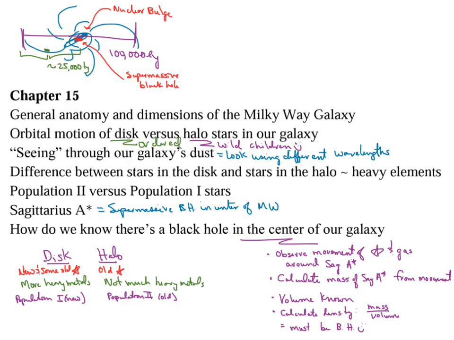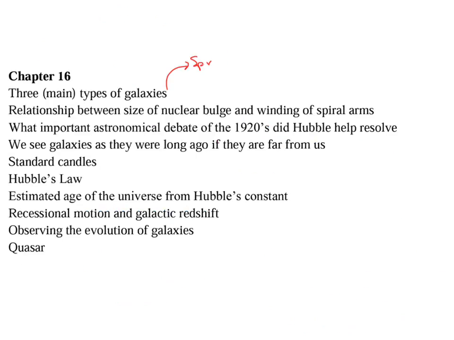And from its place in the sky, we can get its volume. If you squeeze that mass into that volume, you have a density that neutron degeneracy can't even support. So the matter collapses in on itself and forms a black hole.